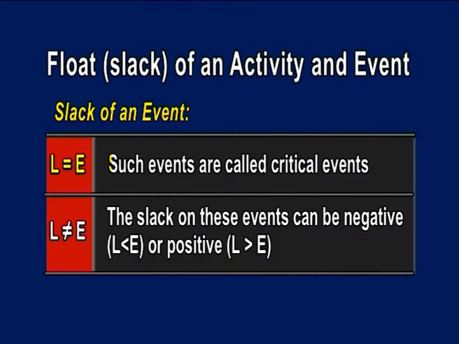If L is equal to E for certain events, then such events are called critical events. If L is not equal to E for certain events, then the slack on these events can be negative, that is, L is less than E, or positive, that is, L is greater than E.